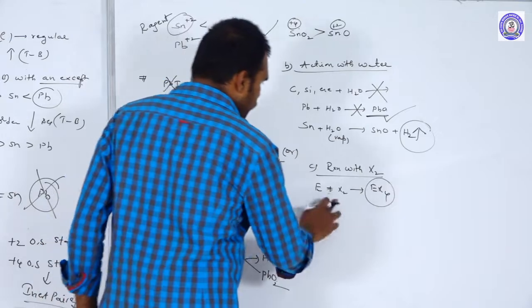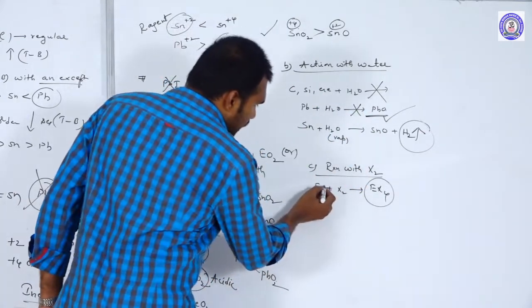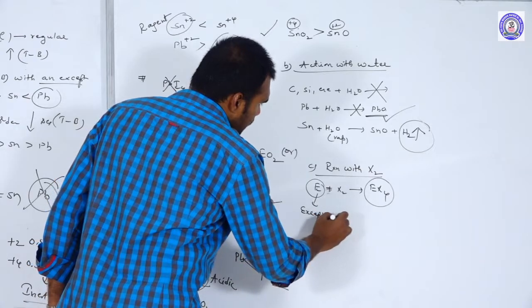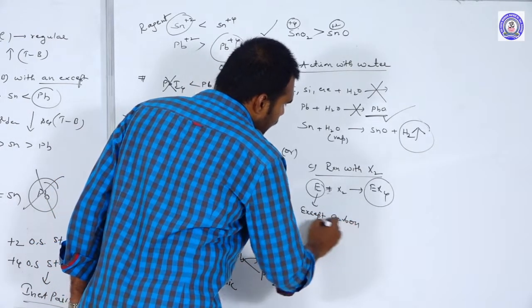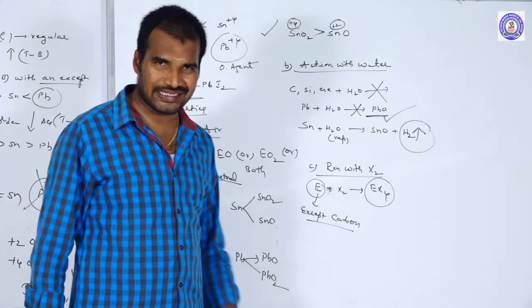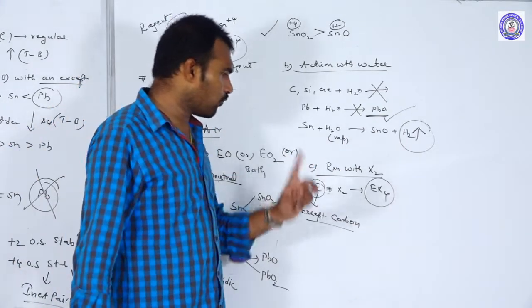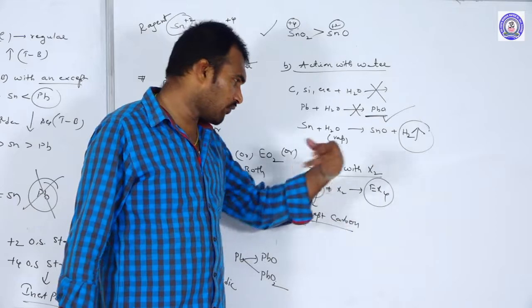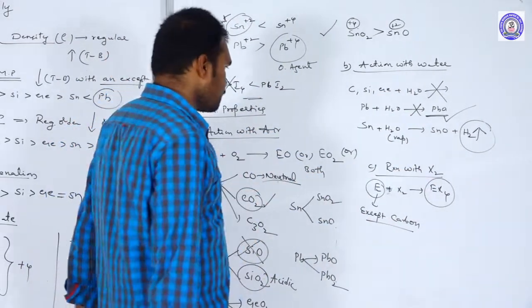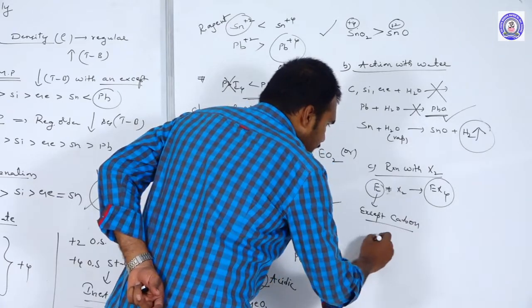In this EX4 type, and one more thing, all elements except carbon will react with the halogen and form halide. That's the point you should remember. Except carbon, remaining all 14 group elements react with the halogen and they form the corresponding EX4, tetrahalides.